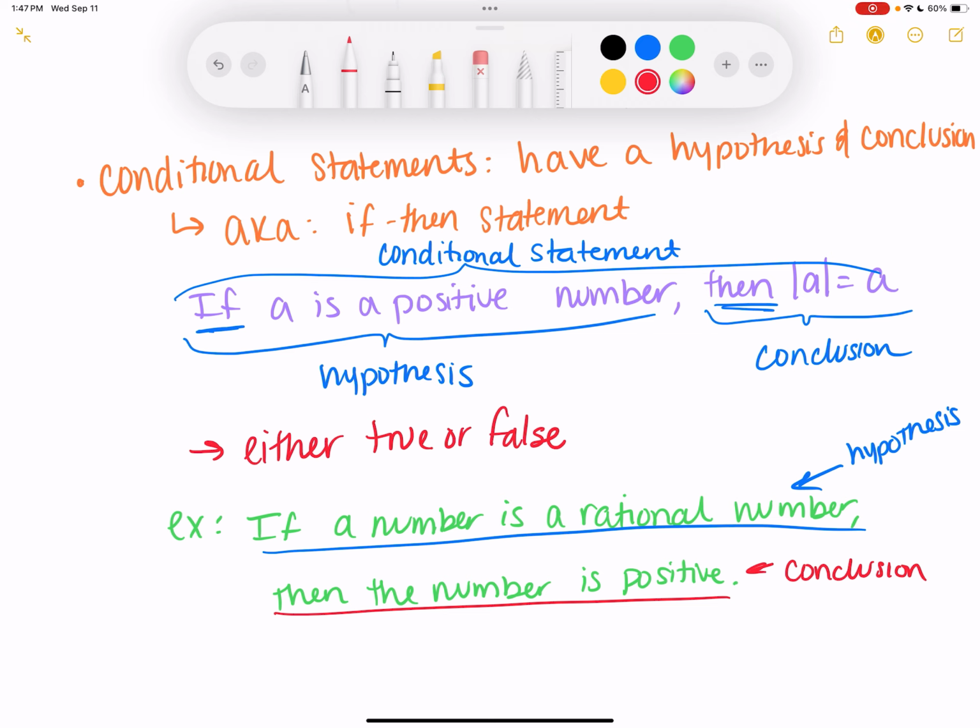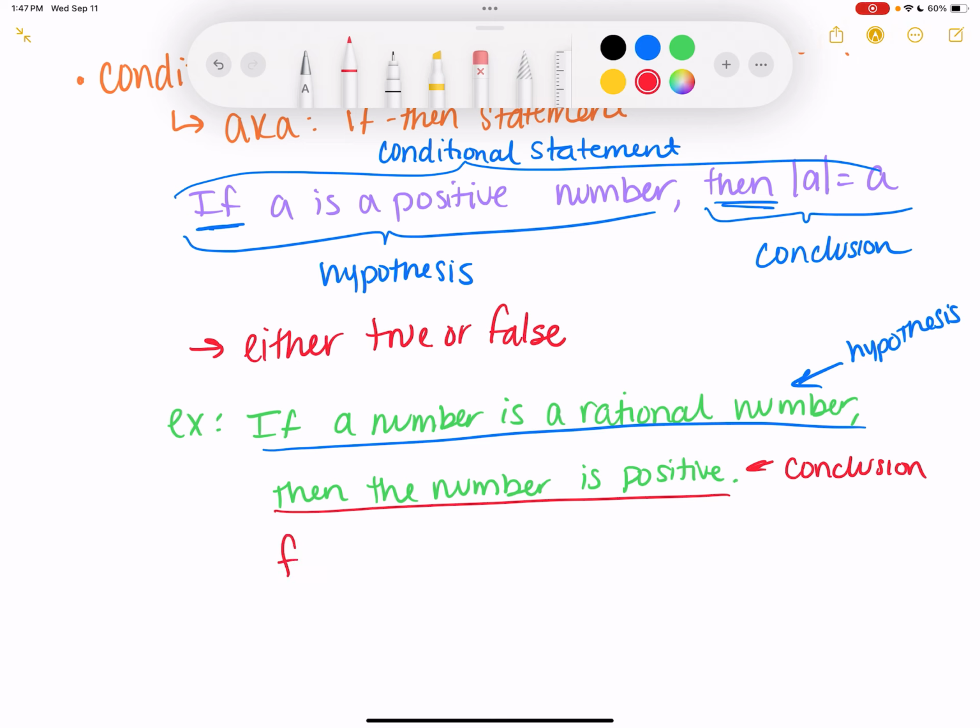False. Why? Because rational numbers can also be integers or negative numbers. Yep. Or decimals. So this would be false because negative numbers can also be rational.